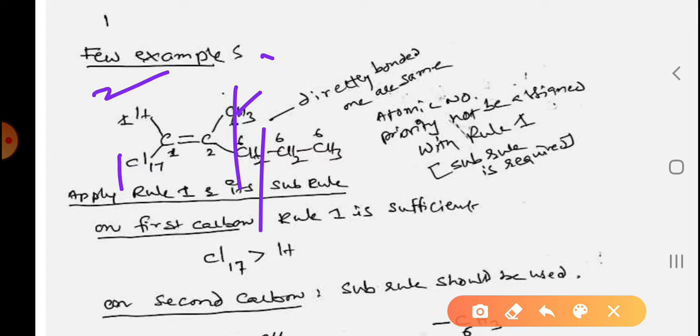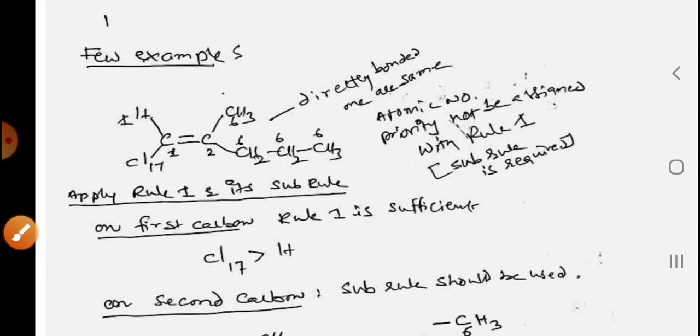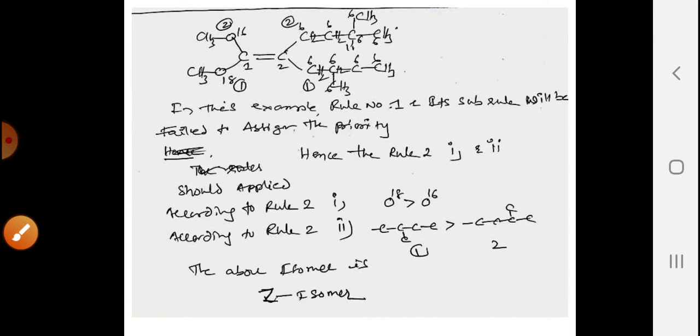In this case hydrogen is there, but along with hydrogen, one more carbon is there. Hence after 6, again 6 means it has the higher atomic number. Sub rule we can assign.